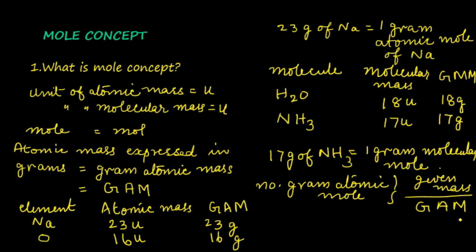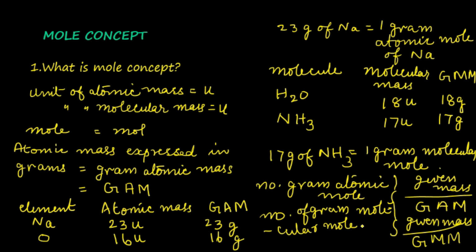Say for example, there are 46 grams of sodium. How will you calculate number of moles? 46 grams divided by 23 grams. Gram atomic mass is 23 grams. So 46 divided by 23. That will be equal to 2 gram atomic mole.